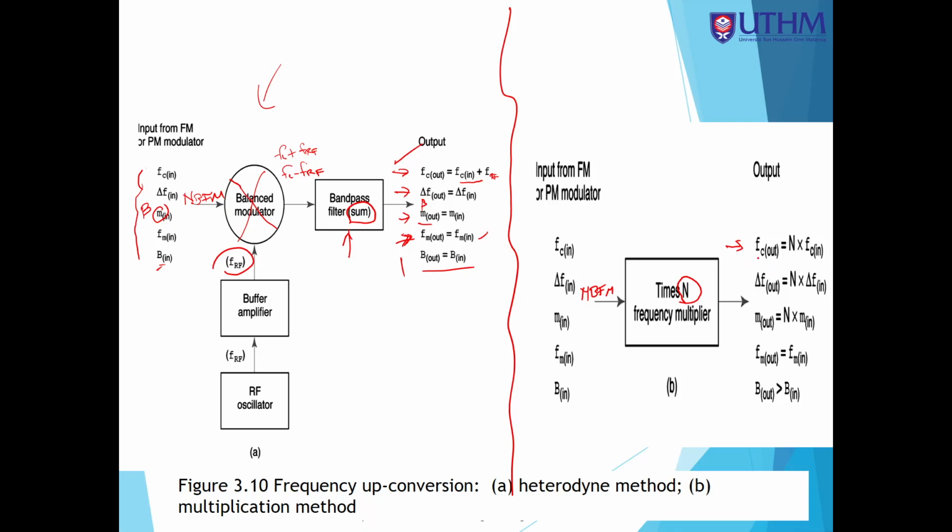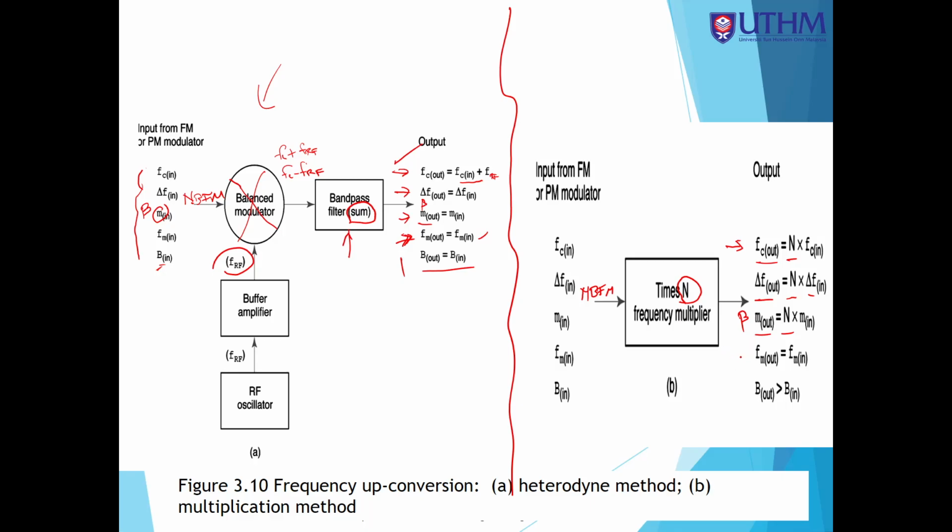So FC out is equal to n times FC in. Delta F out is equal to n times delta F in. Modulation index beta out is equal to n times the input modulation index.